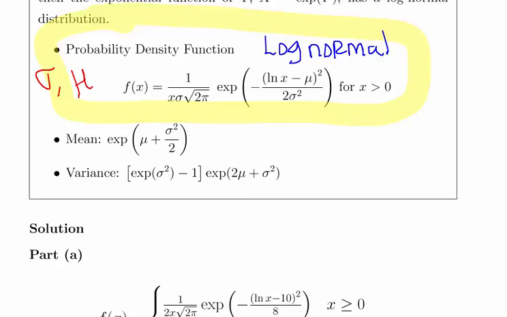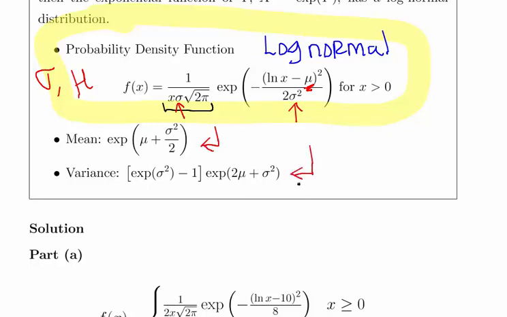So we have x times sigma times the square root of 2 pi in the denominator here. We have sigma there also, and we have mu there, but otherwise it's fairly straightforward. This definition should be given to you in the back of your exam paper or formula sheet. The mean and the variance will be given below.